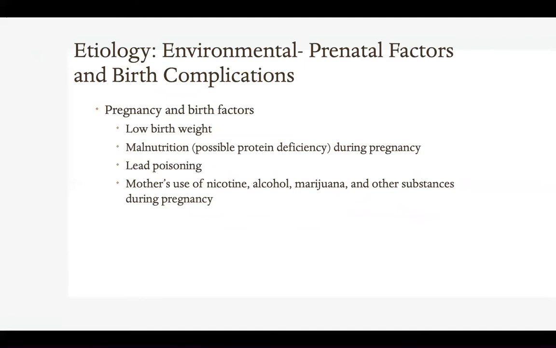So a possible protein deficiency during pregnancy can lead perhaps to low birth weight, which could lead to, again, conduct disorder and antisocial personality disorder. Even lead poisoning as a teratogen. So coming into contact with lead during pregnancy can also play a role in conduct disorder or antisocial personality disorder, and other teratogens like nicotine, alcohol, marijuana, and so on.